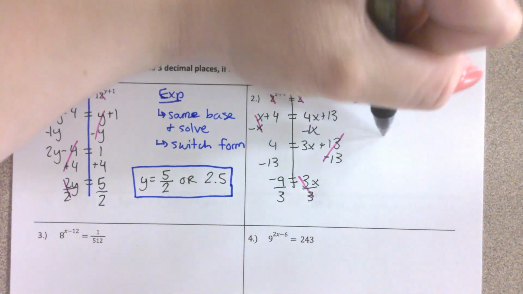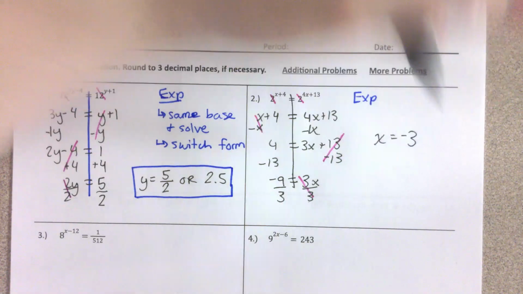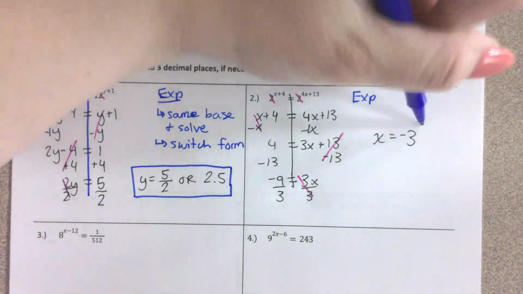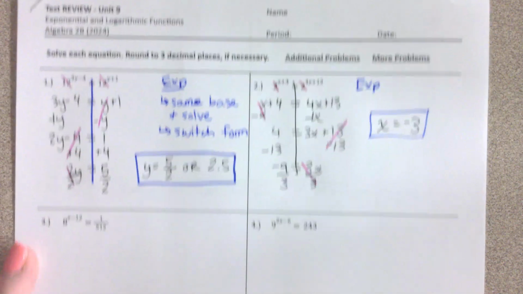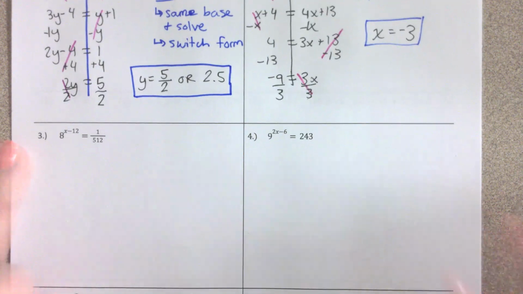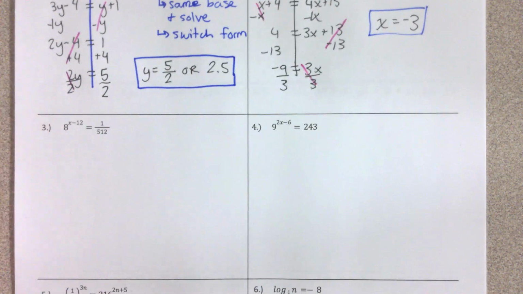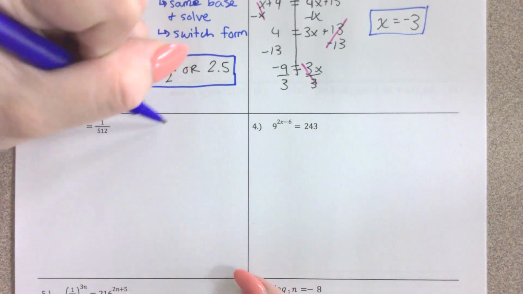And that's going to give us x equals negative 3. So these next couple are going to up the difficulty level quite a bit. Number 3, we do have an exponential here. Again, there's no log.